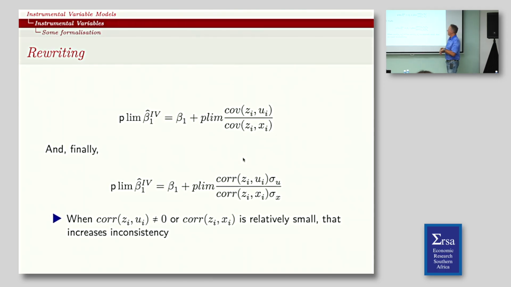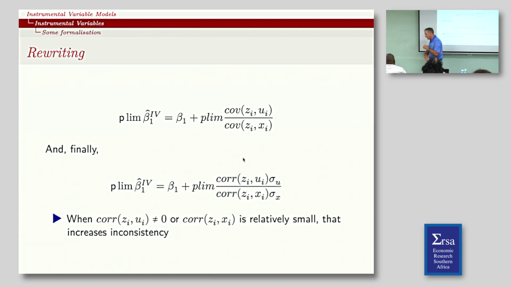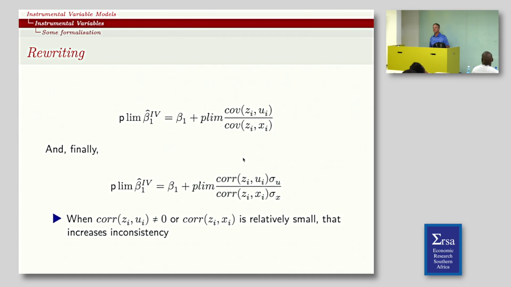So if we've got non-zero correlation between z and u, so we've got imperfect instruments, or the correlation between z and x is quite small, the IV estimator is actually more inconsistent than the OLS estimator. And that's obviously a worry. That's why people pay so much attention to justifying their choice of instruments.